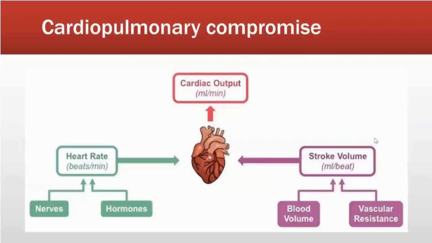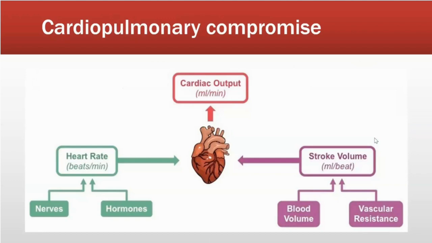So an important concept to note is cardiopulmonary compromise. As you can see here, cardiac output, which is the volume of blood pumped by the heart per minute, is a product of stroke volume, which is the volume of blood pumped with each ventricular contraction, and the heart rate. The heart's ability to increase stroke volume is very limited during infancy and early childhood.